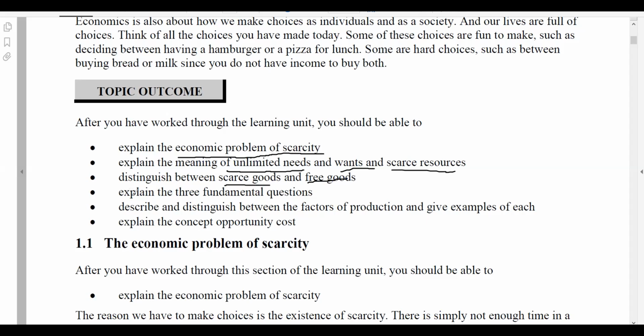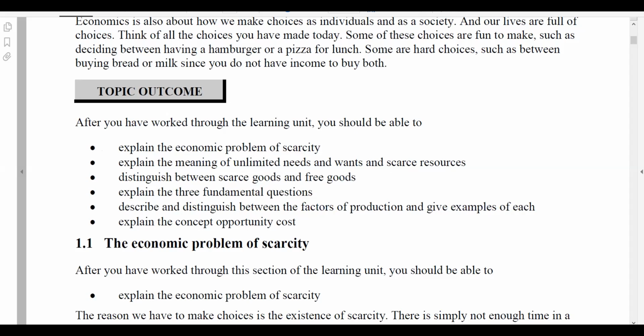We are also going to look at an explanation of the 3 fundamental questions. Describe and distinguish between factors of production and give examples of each. Then lastly, you should be able to explain the concept of opportunity cost. These are the 6 items that we want to focus on in this particular class.